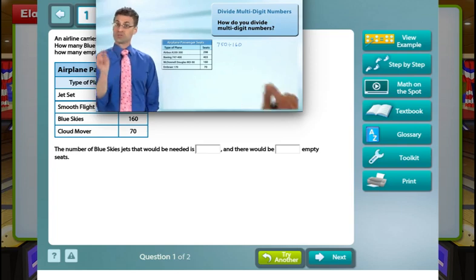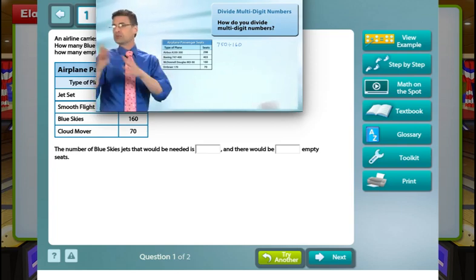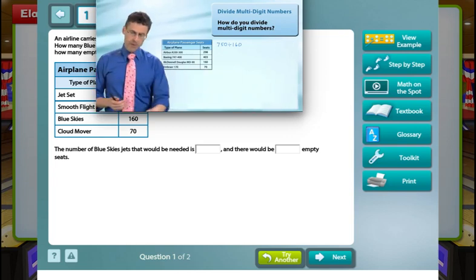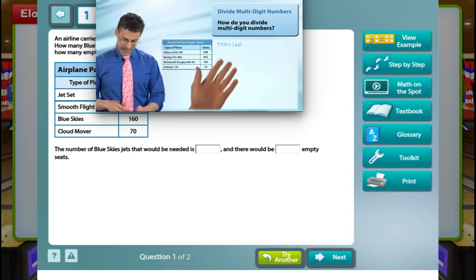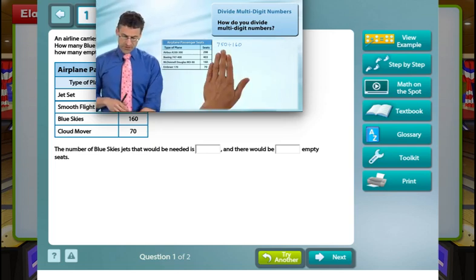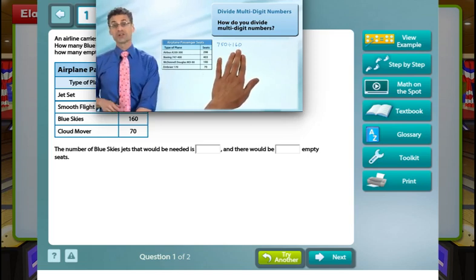Before we perform this division, we can estimate to get a rough sense of how many planes we might need. One way to do it is to find a compatible number. Let's find a number that's compatible to 750 that's near 160.